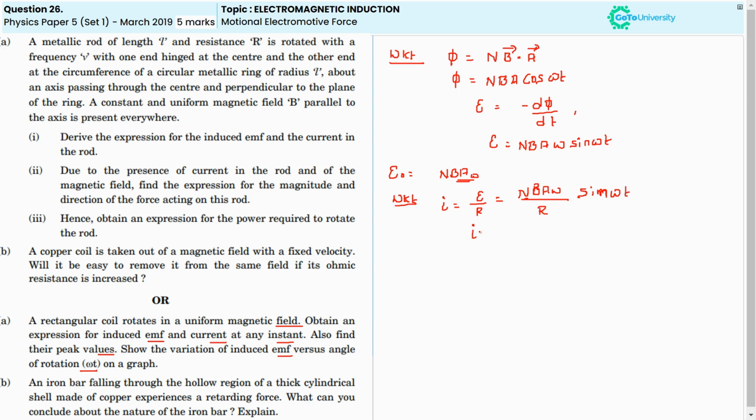Then I naught is equal to N B A omega divided by R.